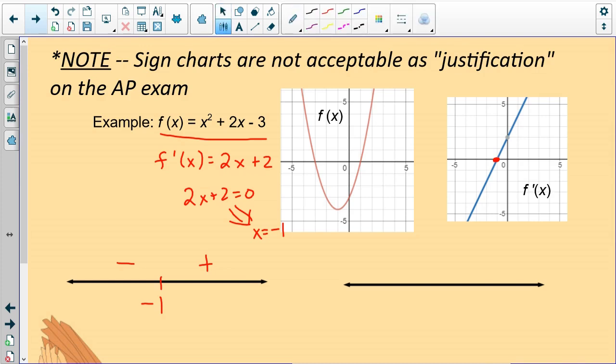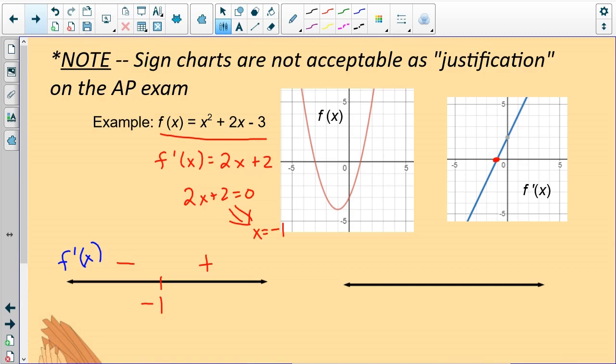They don't know if I'm talking about f of x, f prime of x, f double prime of x, anything. So I definitely have to label my graph f prime of x. That at least tells them that you're doing something with the derivative. But that doesn't give them enough for you to talk about justification.